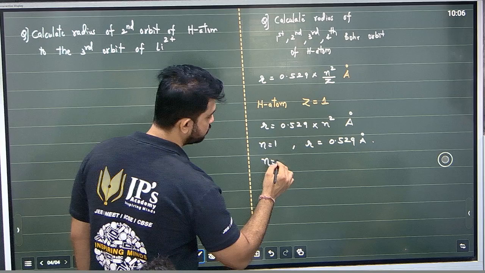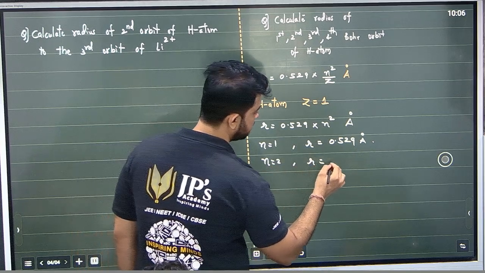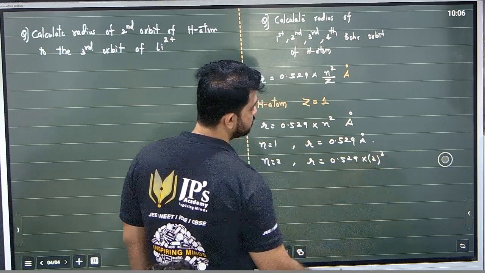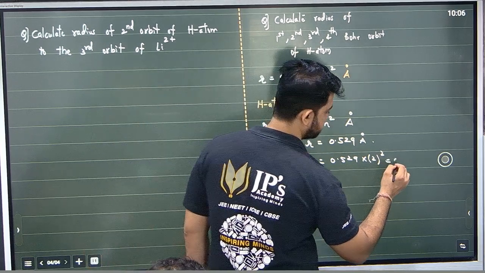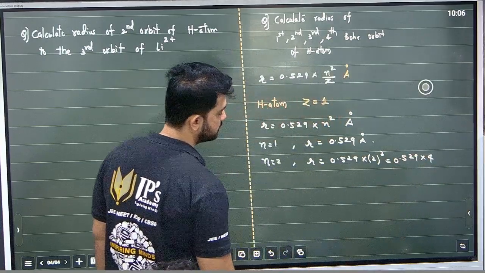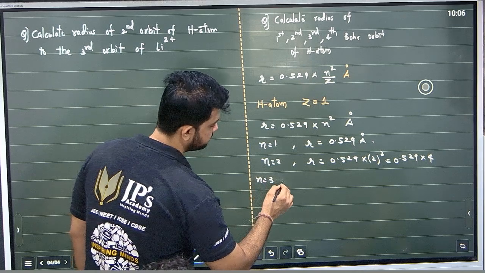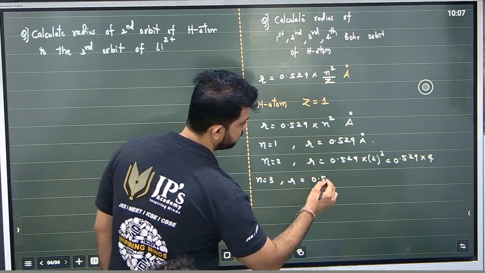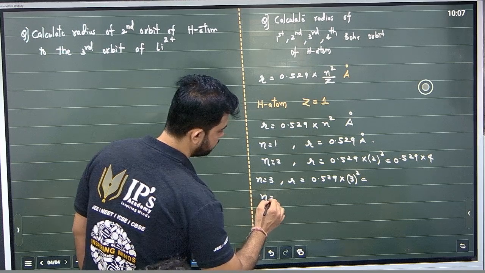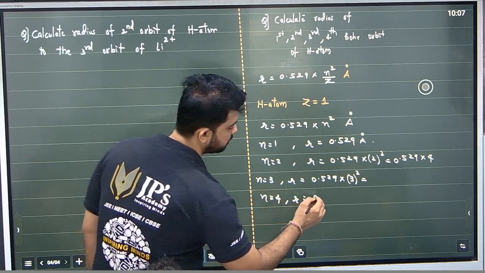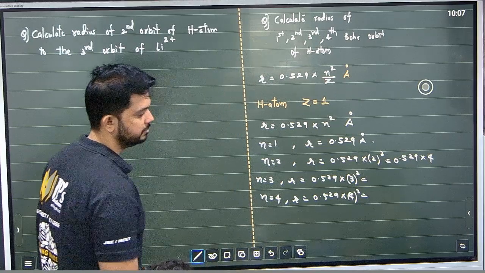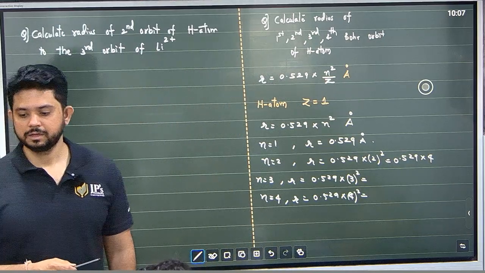For n is equal to 2, radius will be 0.529 into 2 square, which is 4. Multiply, I hope you people can do that. n is equal to 3. R will be again 0.529 into 9, 3 squared. And for n is equal to 4, radius will be 0.529 times 4 square. Okay? I think you people can do that for me.